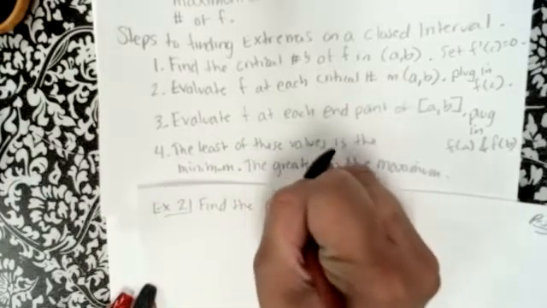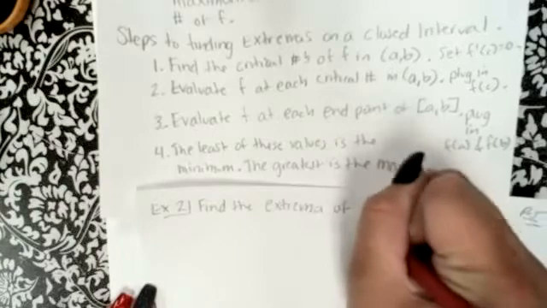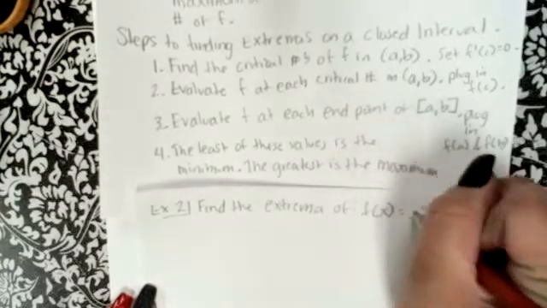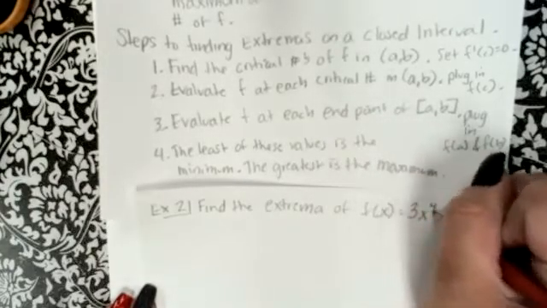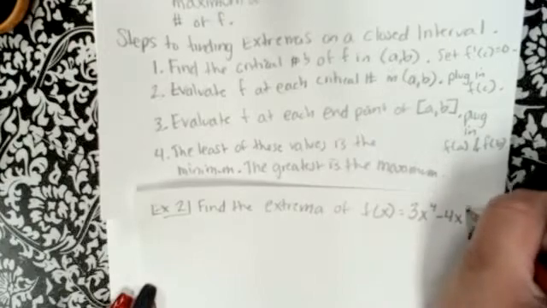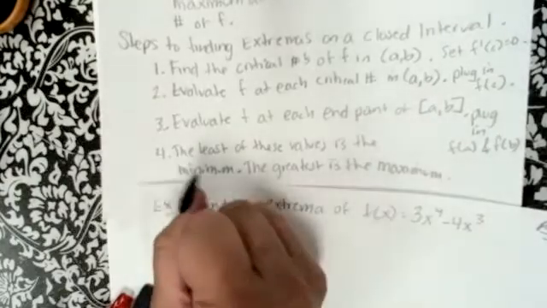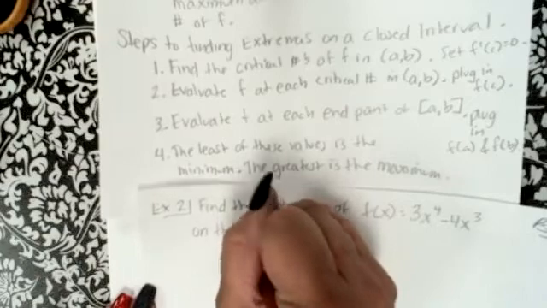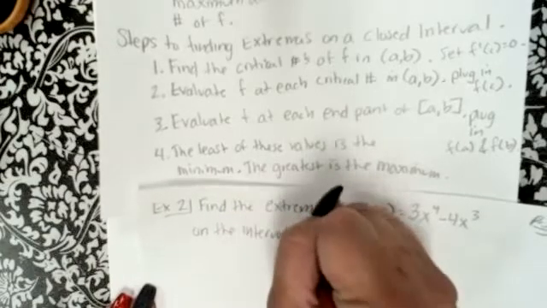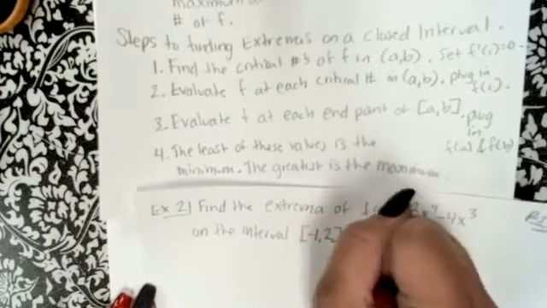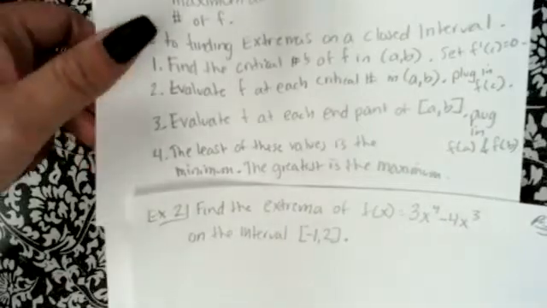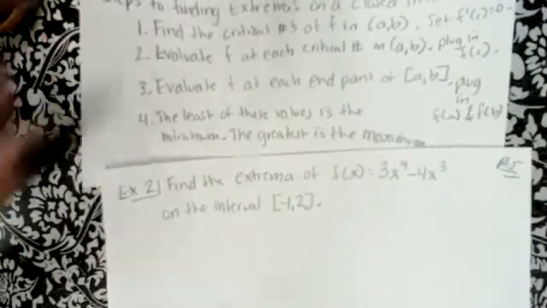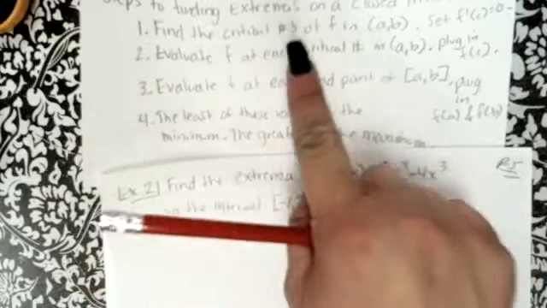Find the extrema of f of x equals 3x to the 4 minus 4x cubed on the interval -1 to 2. So step number 1 says to find the critical points.